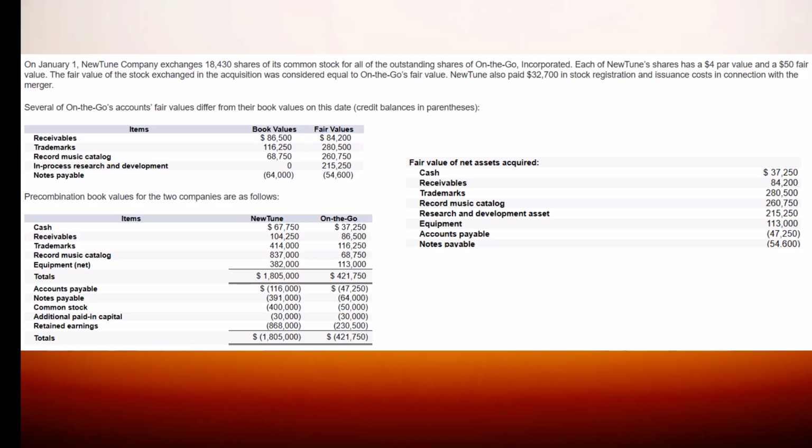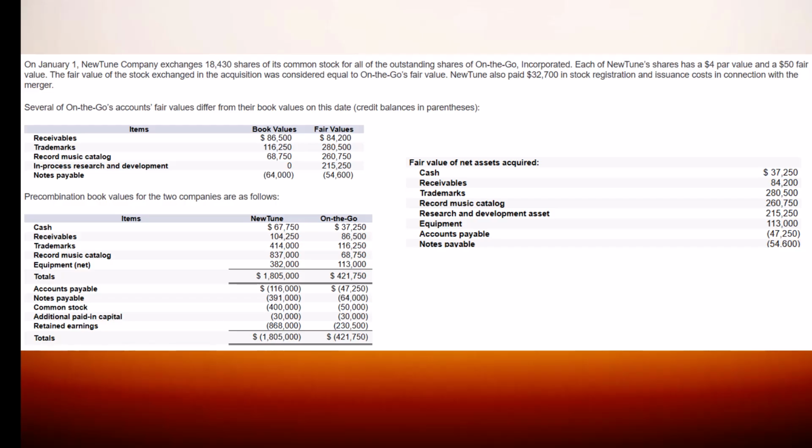Notice the in-process research and development of $215,250. Even though On the Go had this valued at zero on their books, under acquisition accounting, we must recognize it as an asset at its fair value.